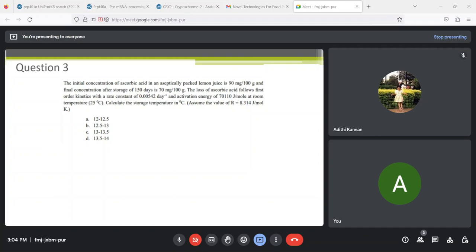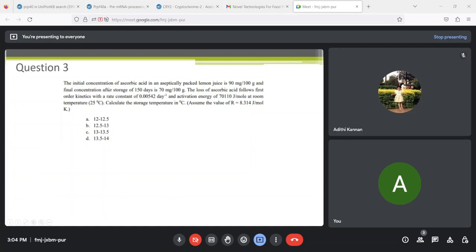So here you can see that even during storage, you can often find that some of your food products get degraded or follow some kind of decay. In this case, initially when you packed the lemon juice, you had an ascorbic acid of 90 mg per 100 grams, and then during storage for 150 days, the final concentration goes down to 70 mg per 100 grams.